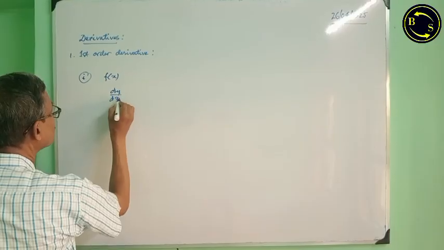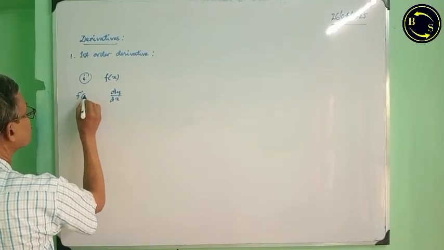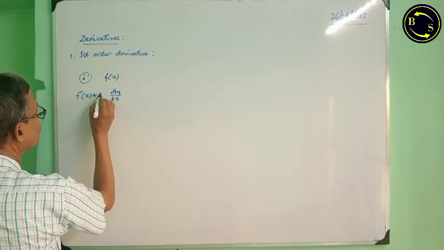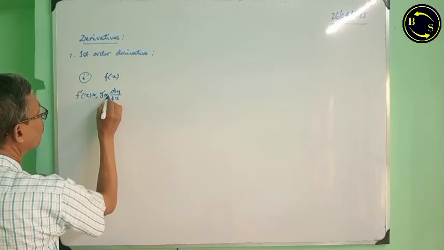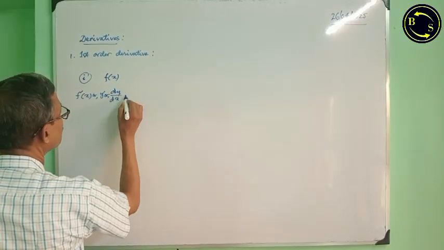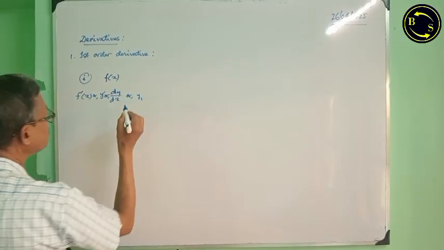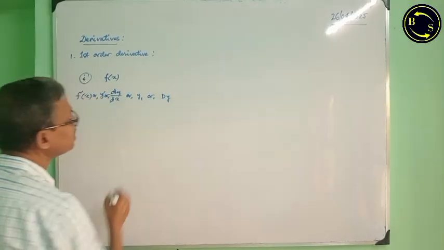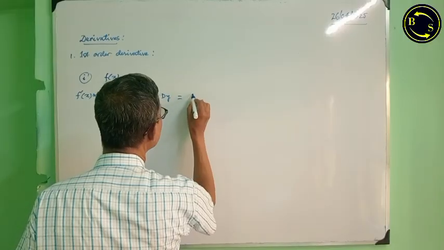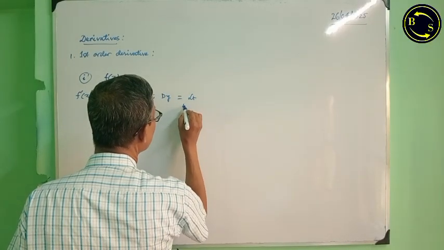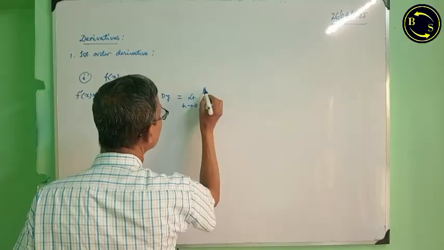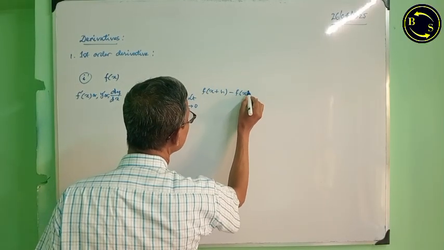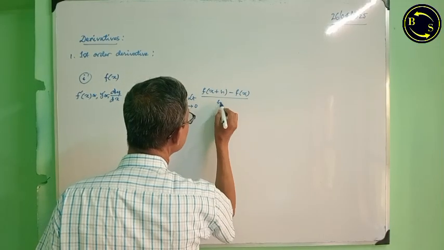dy/dx, f dash x, y dash or dy/dx, or y1 or dy, that is the limit h tends to 0, f(x plus h) minus f(x) divided by h.